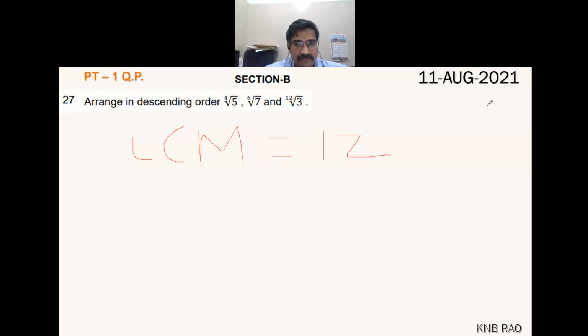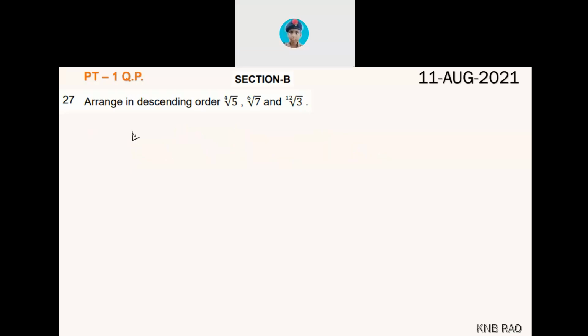Fourth root 5 can be written as 12th root of... I understand you are having a problem. Children, if you had a pen tablet for writing, it would have been easy.